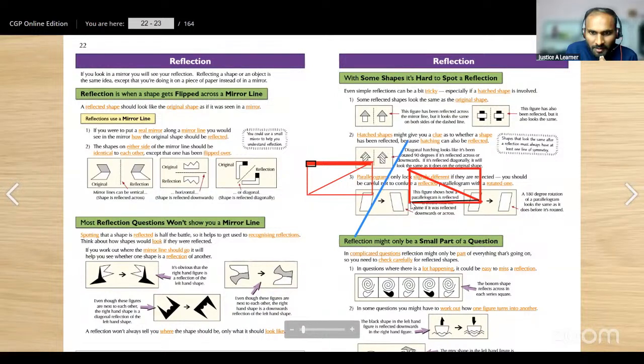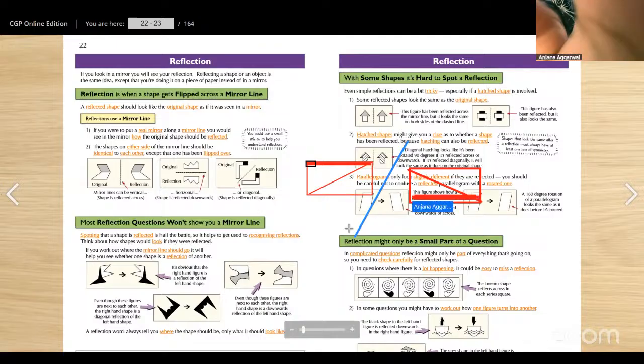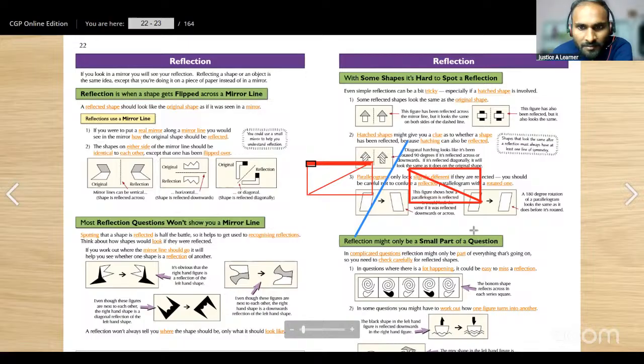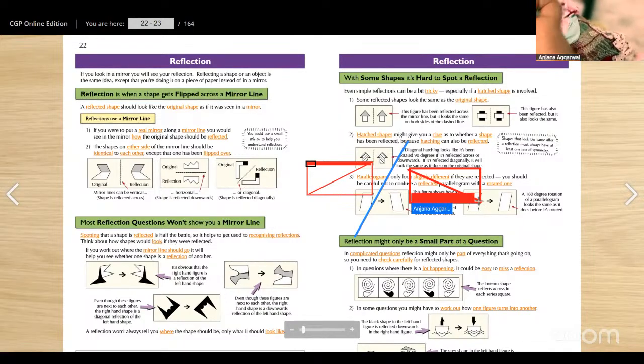Oh sorry, I need to use the red one. Yes. Use red color and then draw. I think I drew a bit too thick, but I will understand. No worry.